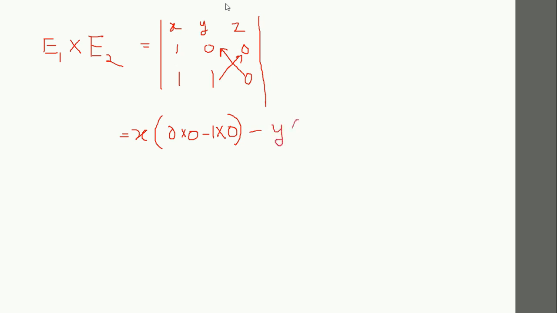Next is y. When you are taking y, you leave the y component, and how do you write? It is 0 into 1 minus 1 into 0.